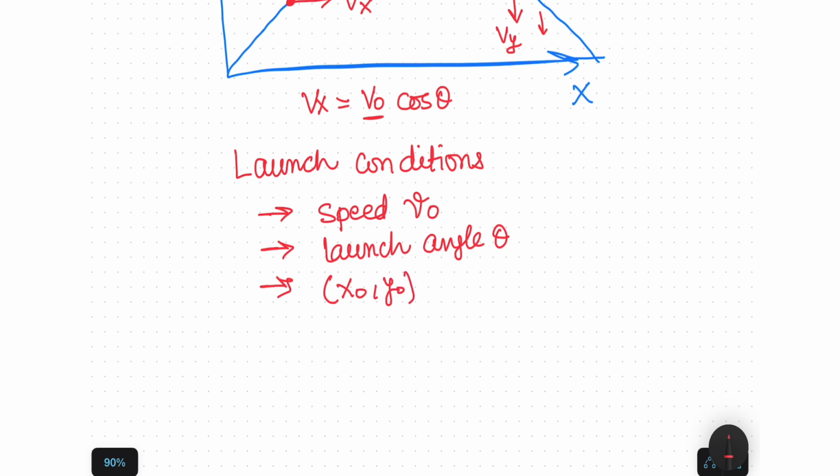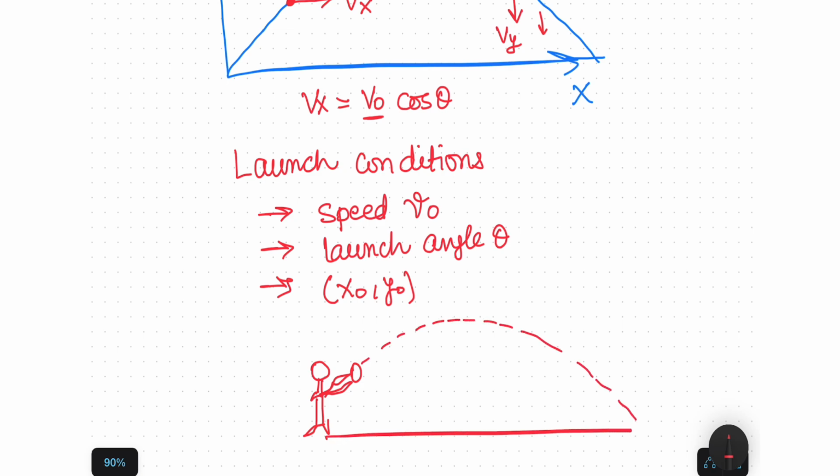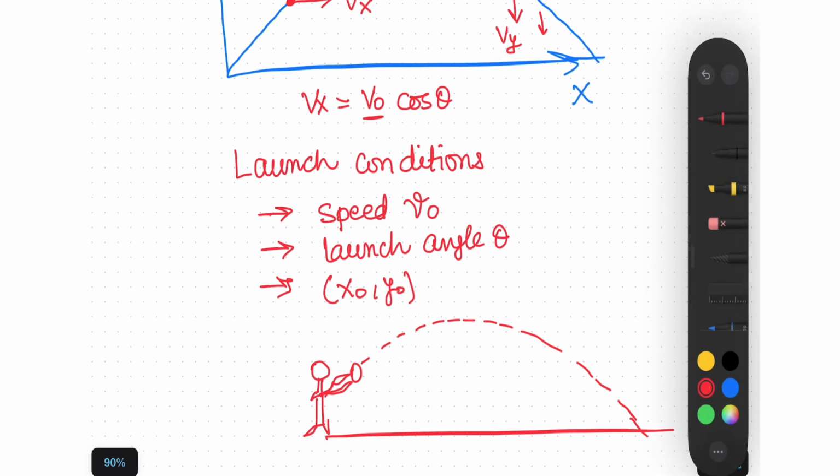For example, this is a guy who is throwing a ball. He has a ball in hand, it goes up and it lands at a certain place. To solve this problem you have to find suitable coordinates, and generally we use x and y.